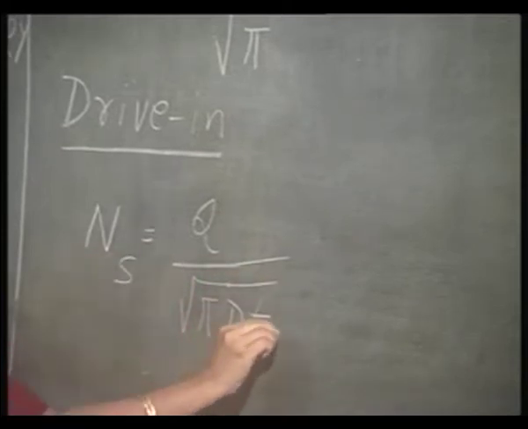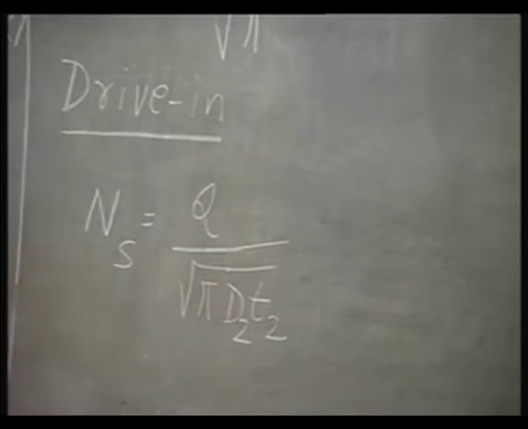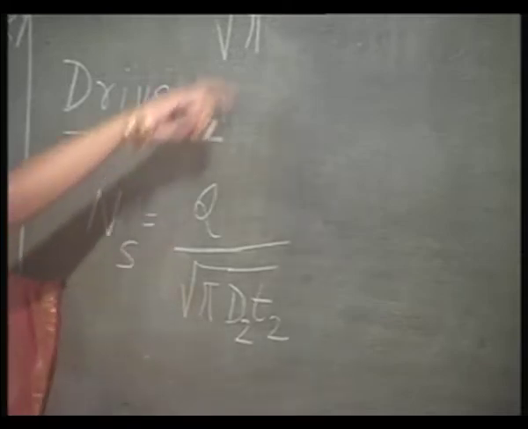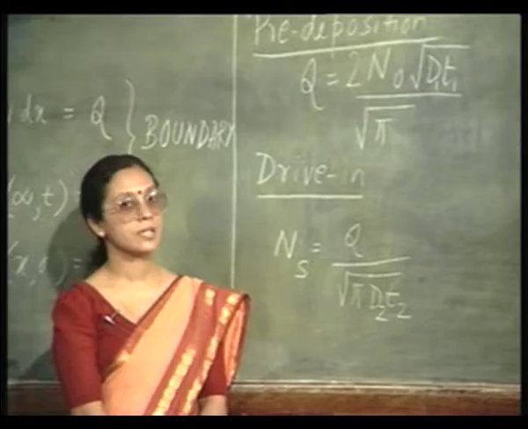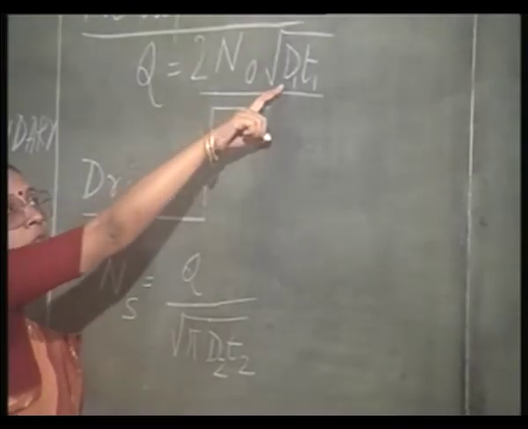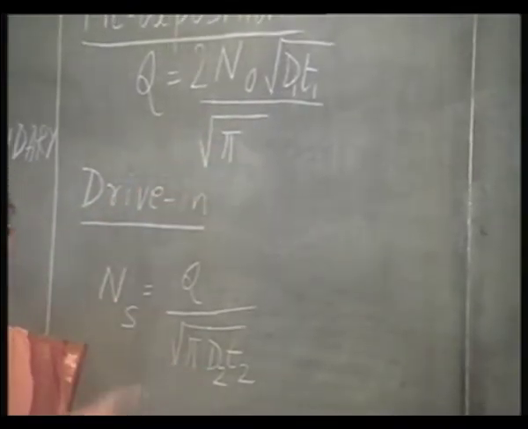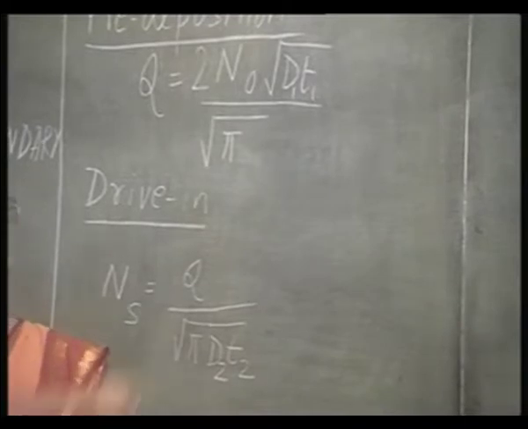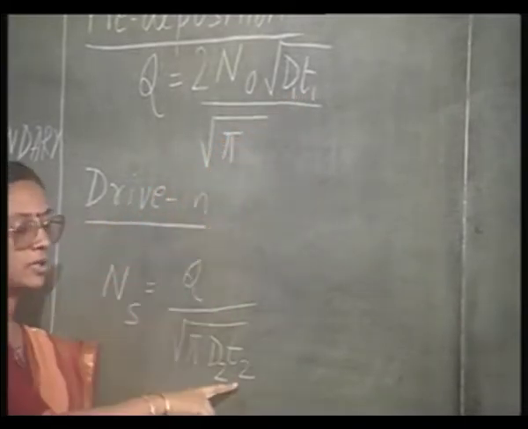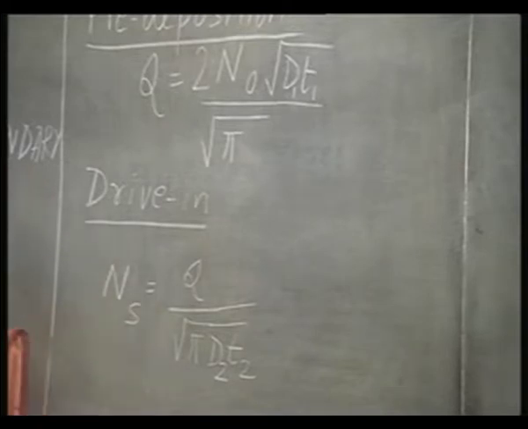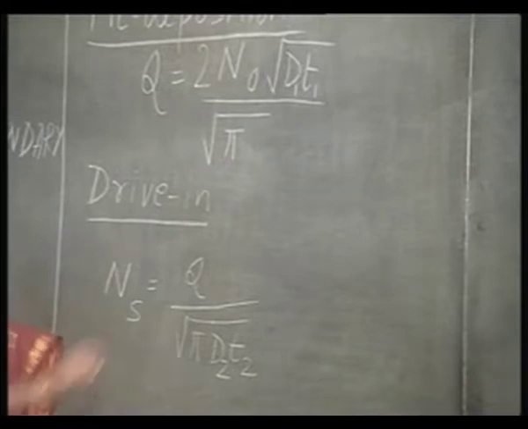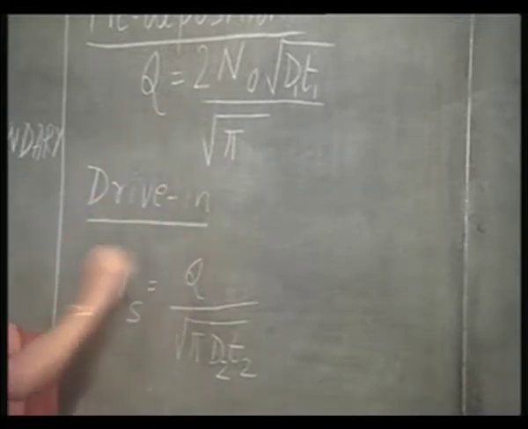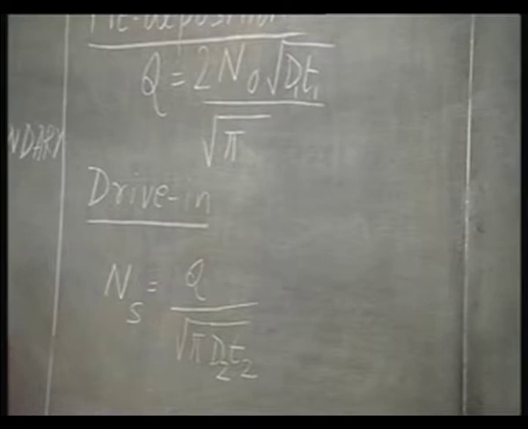Let me use suffix 2 for this, because drive-in is the second step, and these two processes are not necessarily carried out at the same temperature, that is why the diffusion coefficients are different, D1 and D2, depending on the temperature. Of course, the pre-deposition time and the drive-in time are also different, t1 and t2. Now, I know what Q is, because Q was put during the pre-deposition case.